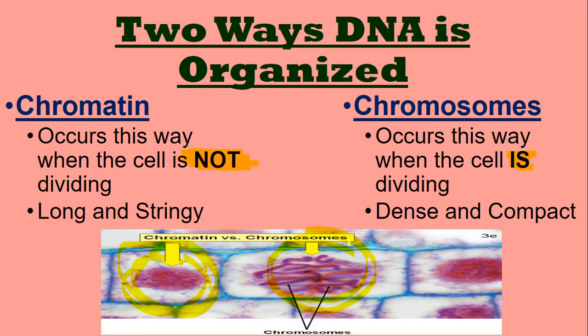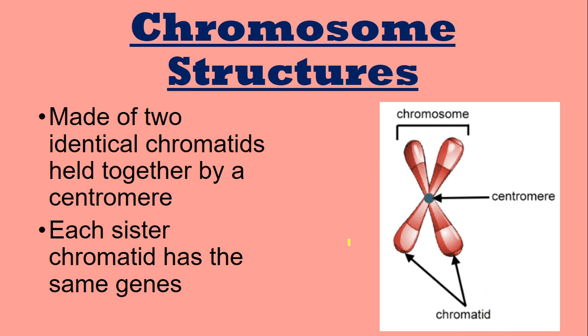So let's talk a little more about chromosomes. This picture represents what we think a chromosome would look like in the science sense. They actually can look a little different. This is what we're going to draw them as. Again, they look like X's. You have two chromatids. They're sister chromatids.